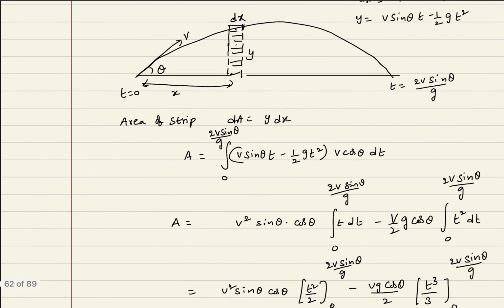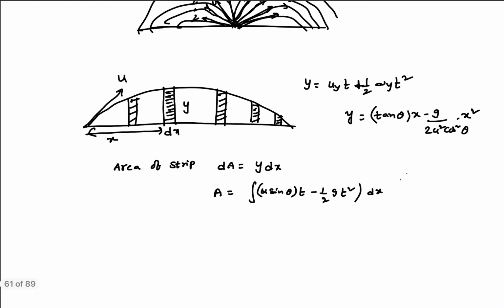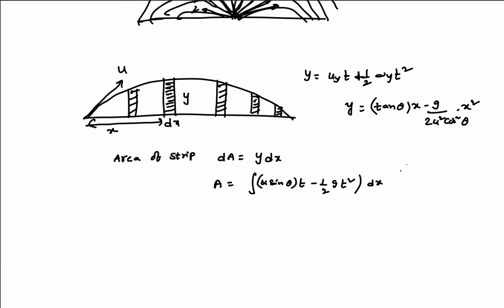As I wrote already, you can check it. If you use all these relations, finally you get A proportional to v to the power of 4.